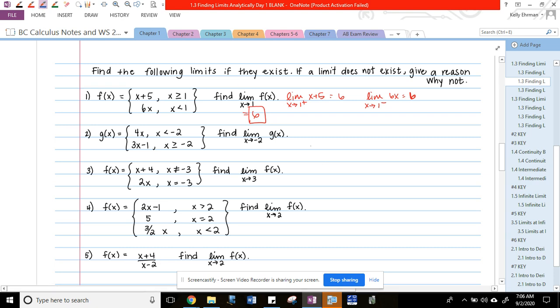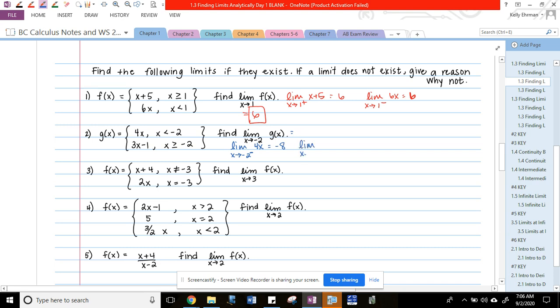For number 2, approaching -2, let me be smarter about where I put my work. I'm going to write my answer here if it exists, so let's do our work below. The limit as x approaches -2, this time from the left, for the top equation of 4x: 4 times -2 is -8.